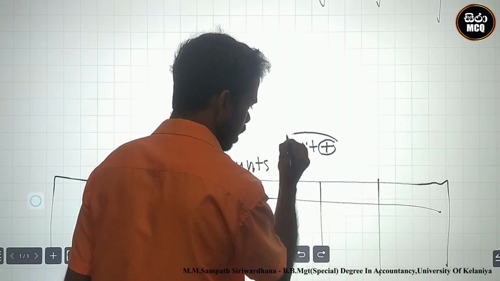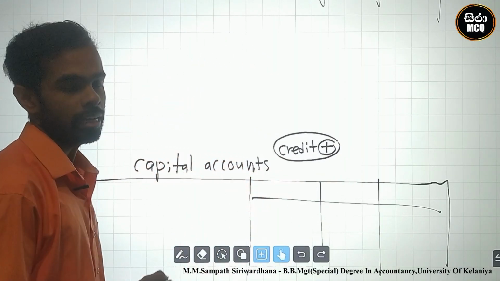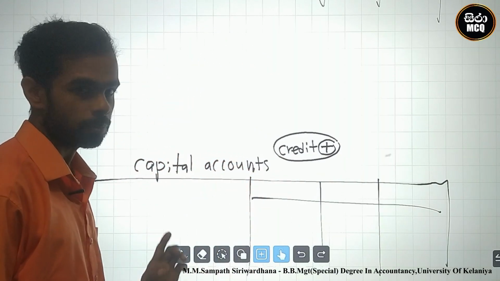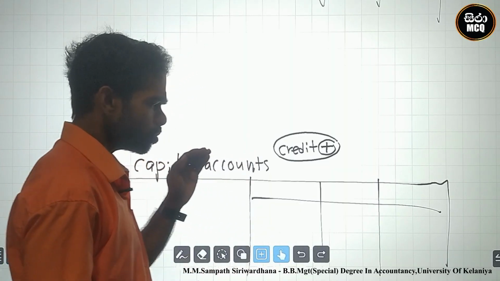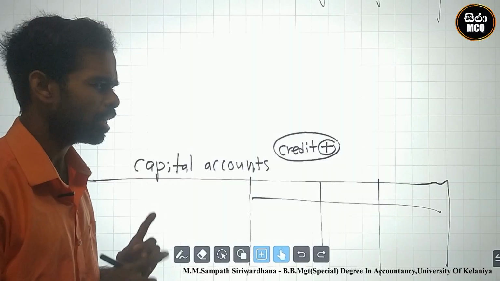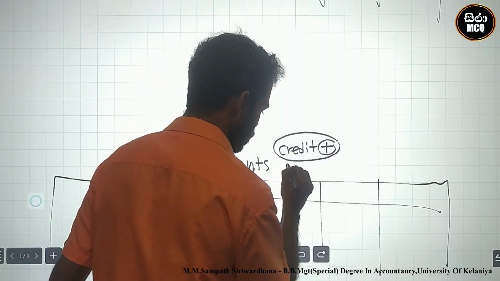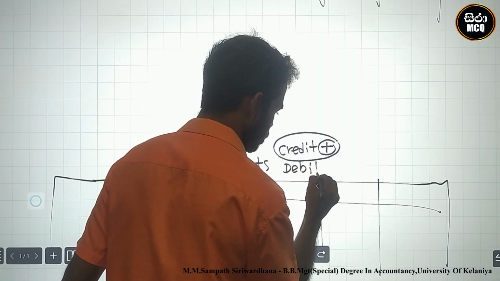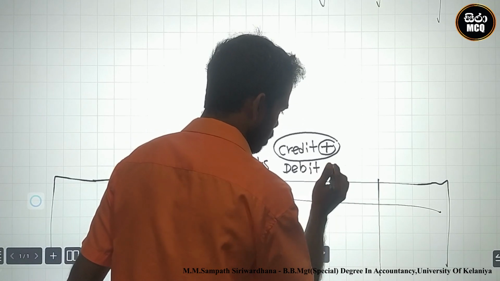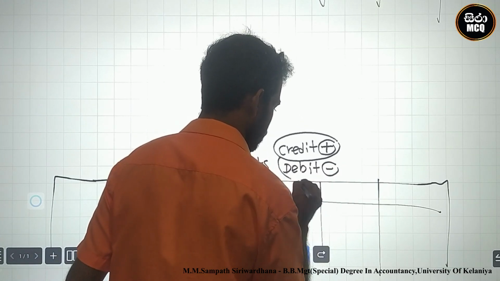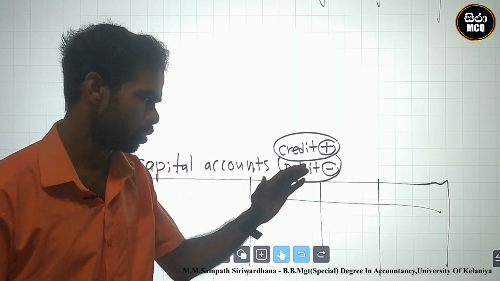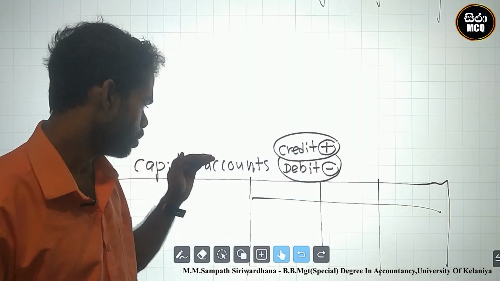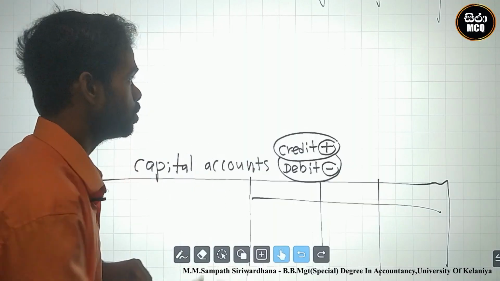Add means I increase the capital account. After that, debit sides impacted on capital accounts I deduct, and therefore all debit sides I minus. This is the requirement: all credit sides I increase, and all debit sides to the capital account I decrease.